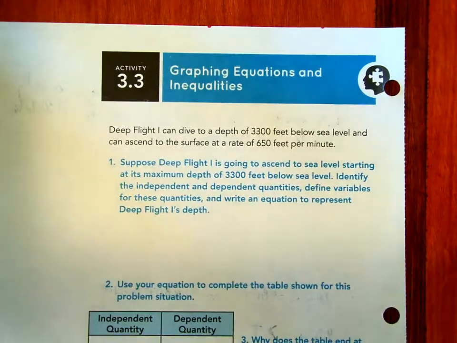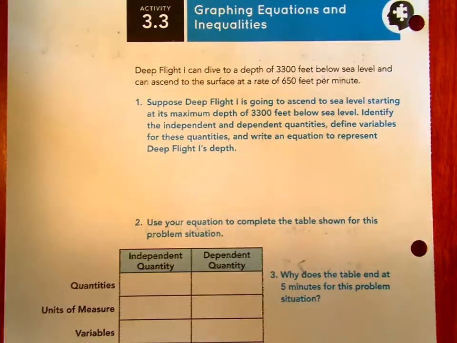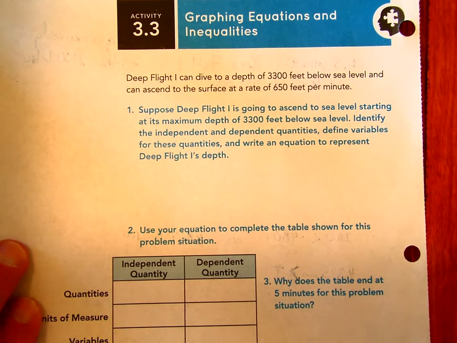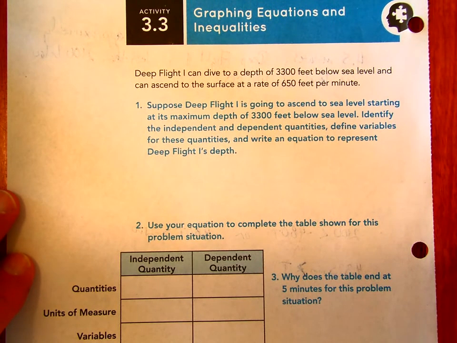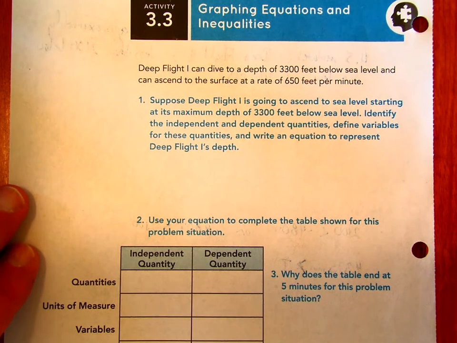I'm going to start page 162 with you, and then I'm going to turn you loose on the rest of the pages and problems. So let's set up this scenario and this table together, and then see if you can use it to answer the questions that follow.